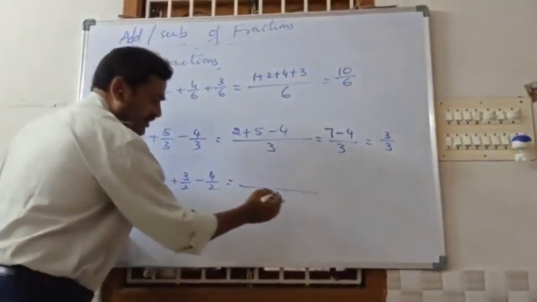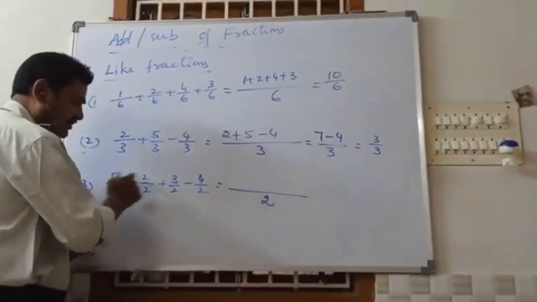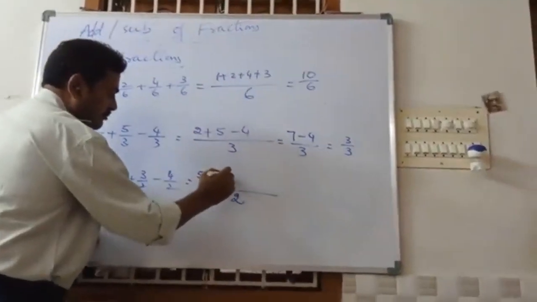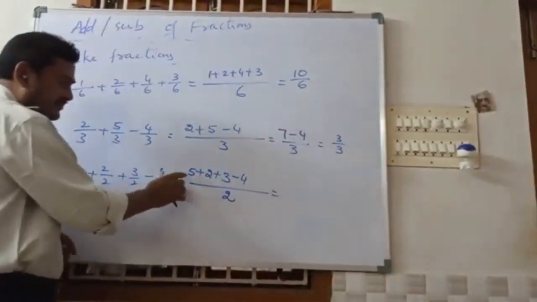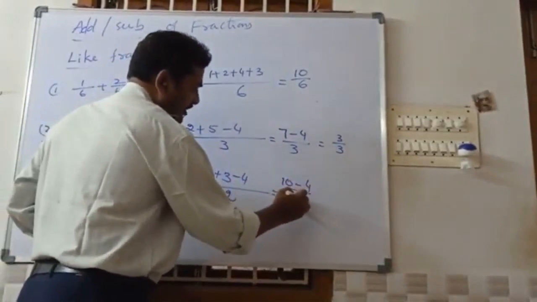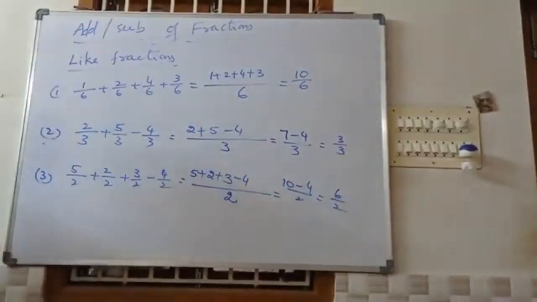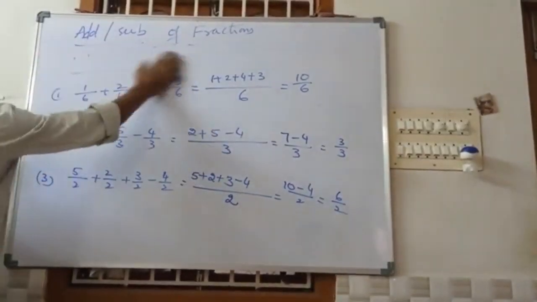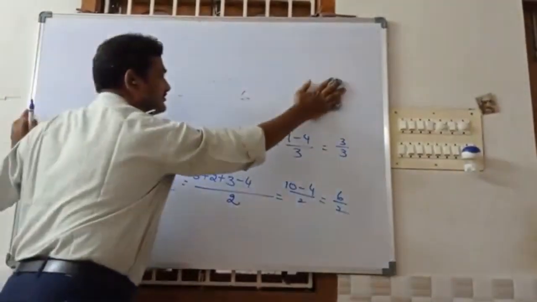Instead of writing all the denominators, we write only one denominator and add or subtract the numerators: 5 plus 2 plus 3 minus 4. 5 plus 2 is 7, 7 plus 3 is 10, 10 minus 4 is 6 by 2. Like this we can add or subtract like fractions.